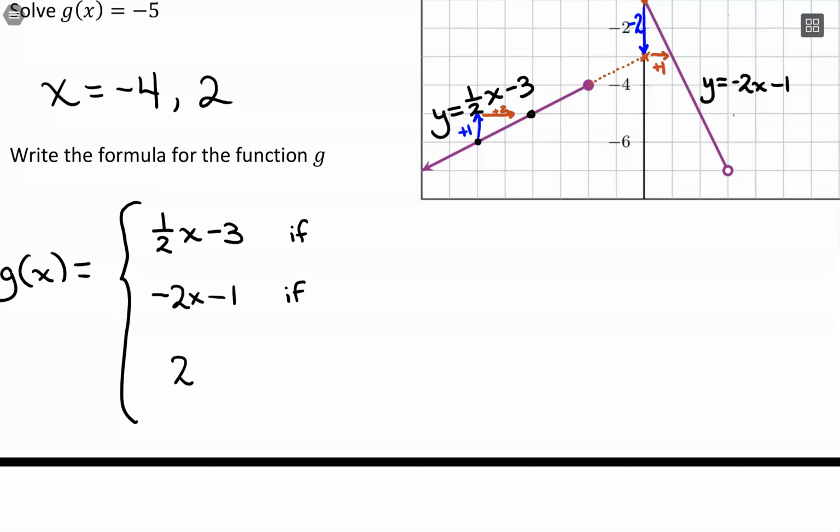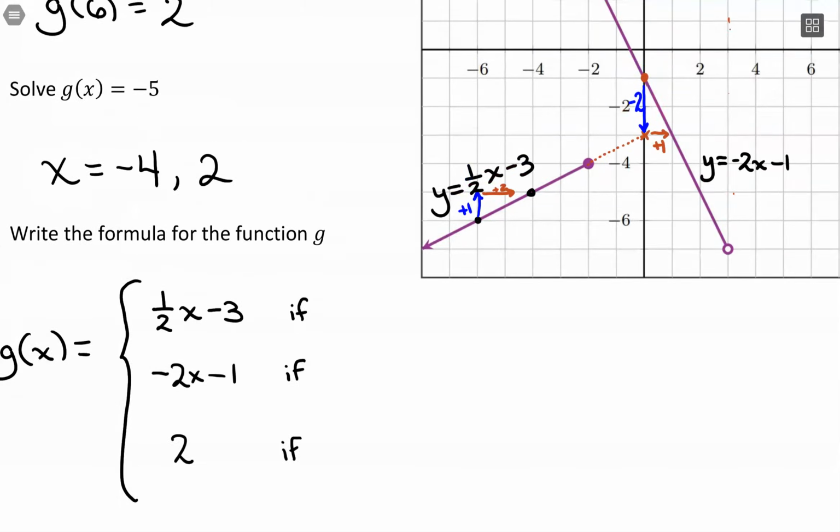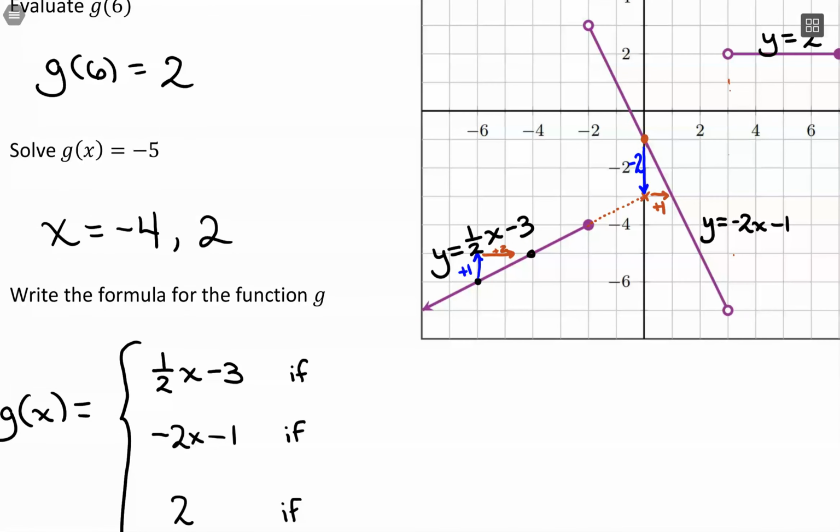Now I need to restrict the domains. So for this first function, what I can notice is it's stopping at negative 2, and we have equality at negative 2. So I want to see this line for every value starting at negative 2 and smaller. So I'm going to say that's true if x is less than or equal to negative 2.